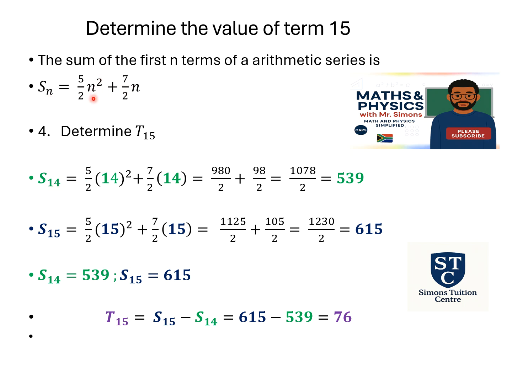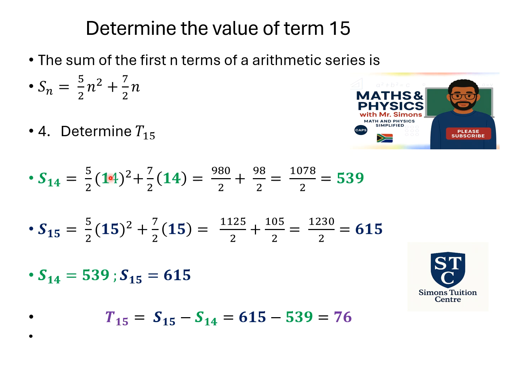So 14 squared times 5 would give me 980. 14 times 7 would give me 98, over 2. 980 plus 98 gives me 1078 over 2. If I divide it, I get 539. So that's the sum to 14 terms.